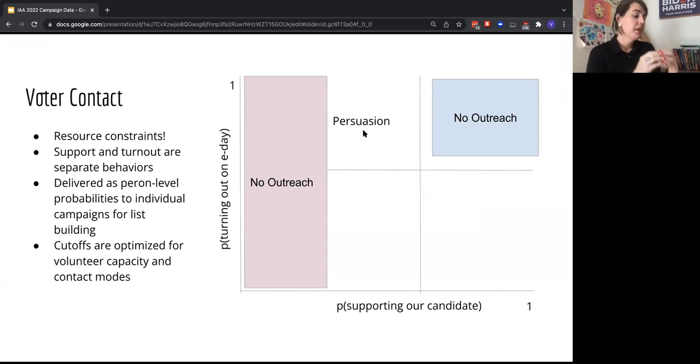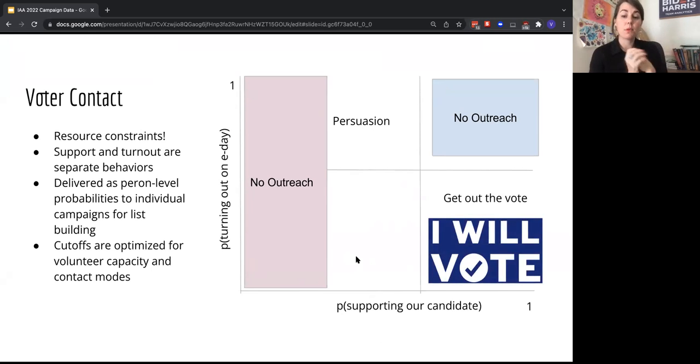So we will create universes specifically for this type of activity, and then integrate some of that issue modeling work and volunteer training, and set up situations where the point of talking to this person is to actually move them on their support, not on their probability of turning out on election day. So it's a specific kind of way we engage with them based on what we know about them.